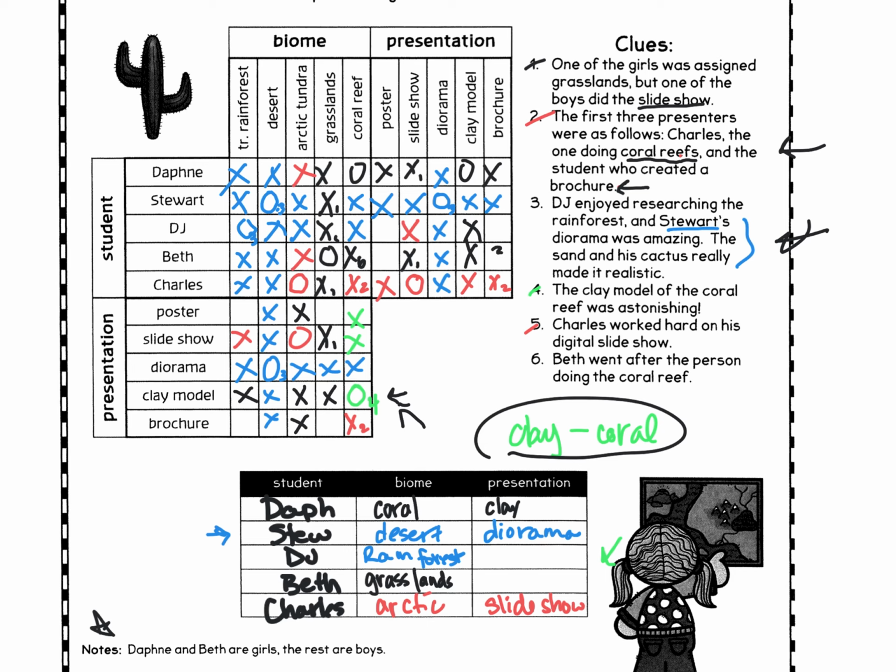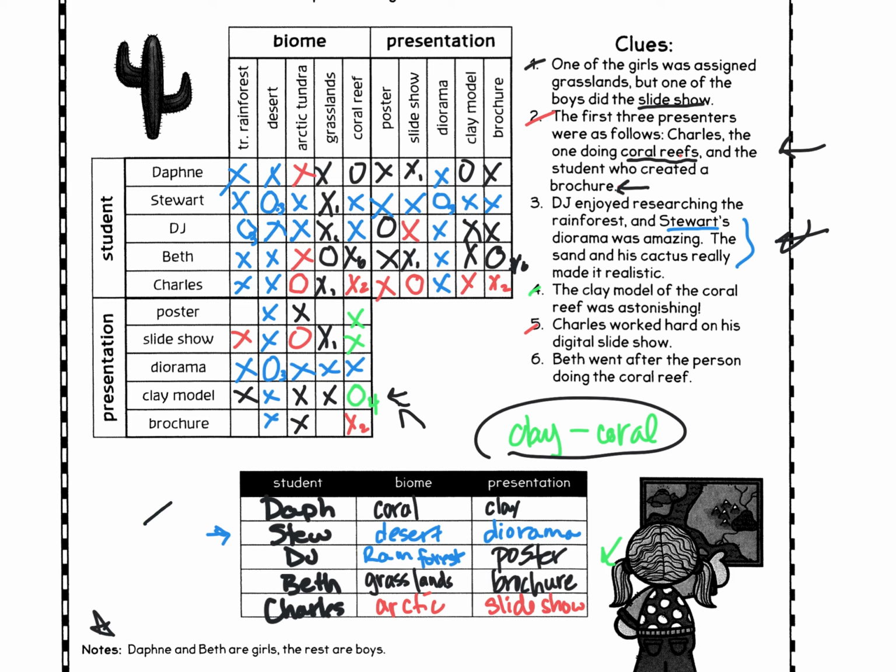I kind of got that from clues 3 and 6, so it doesn't really matter which one you put there. But that allows us then to fill in, Beth made the brochure. Okay, so that allows us to fill in our table horizontally and vertically, which means DJ was only left with a poster.